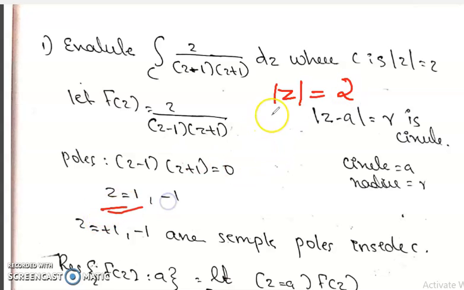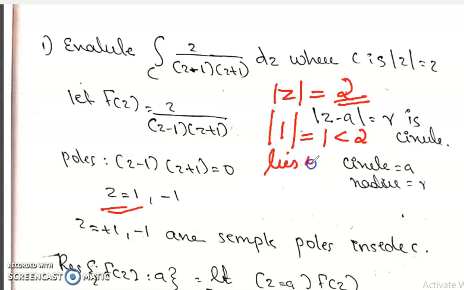When z is 1, mod 1 is equal to 1, which is less than 2. Less than the radius means it lies inside.